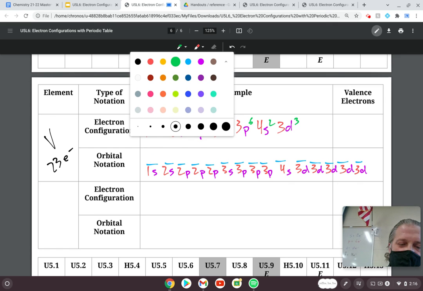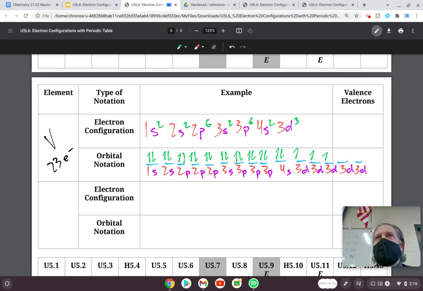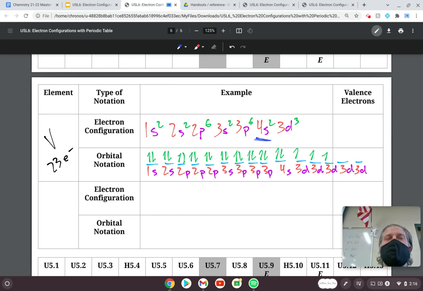And then I added my arrows. And I end like that. If I want to identify the number of valence electrons, biggest energy level is 4. So that means that there's going to be 2 valence electrons.